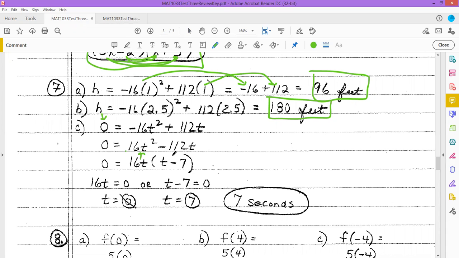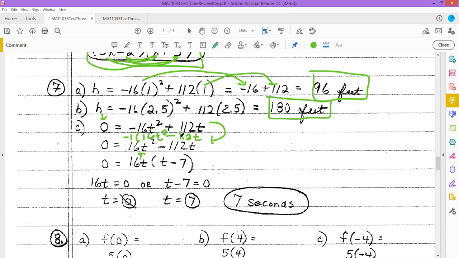Actually, I skipped through this step. We had a negative at the beginning. What we did initially is factor out that negative 1. If we take away that negative 1 and change the signs of both these terms, that would leave us with a positive 16t squared and a minus 112t in parentheses.